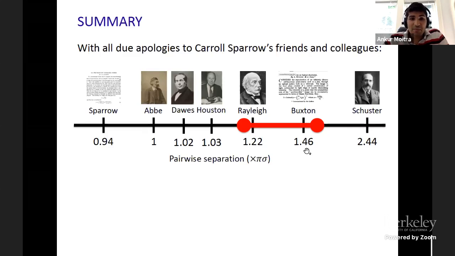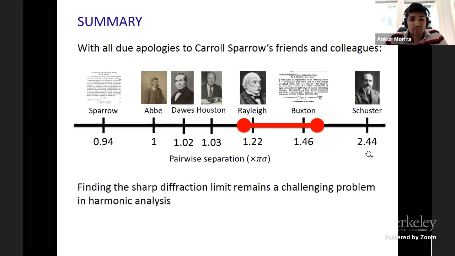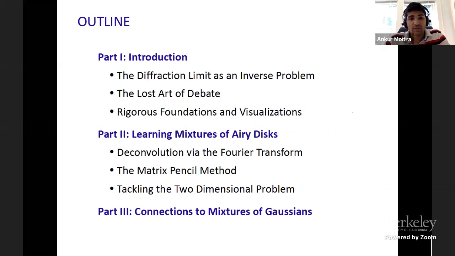And let me just poke fun at Carroll Sparrow. With all due apologies to Sparrow's friends and colleagues who clearly saw that the undulation criterion was the right one, it turns out to fall outside of the interval to which we can pin down the diffraction limit. So finding the sharp diffraction limit is a super interesting, very challenging question because I think it literally is equivalent to some type of problem in harmonic analysis about optimal bounds for solving these inverse problems of exponential sums, querying it only in bounded frequency locations.